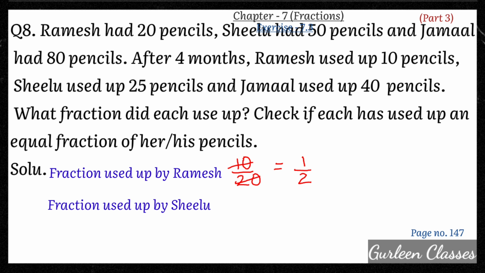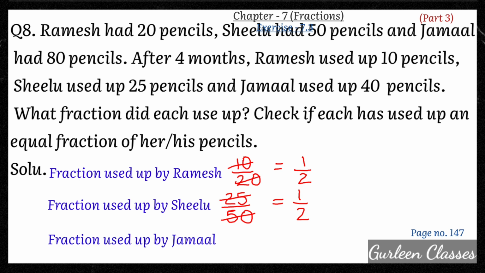So the fraction is 25 upon 50. Reduce into lowest term, 1 upon 2. Then the fraction used up by Jamal. Jamal had 80 pencils and used up 40 pencils. So the fraction is 40 upon 80. Reduce into lowest term, it is 1 upon 2.